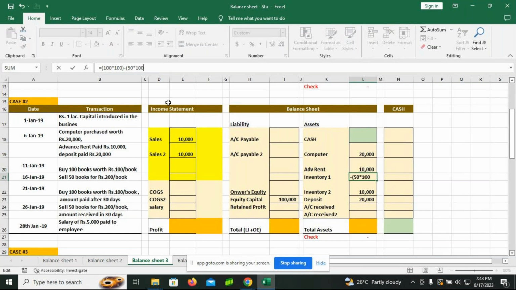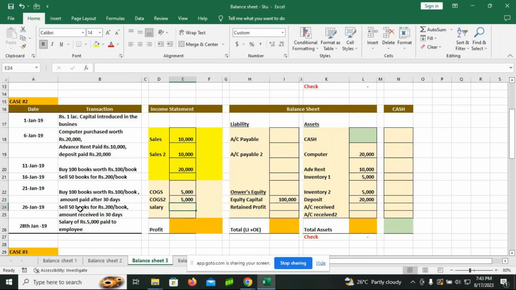That is the amount I have spent to buy the goods which I have sold. So 50 into 100. Okay. Now this is done. Now let's calculate the total sales. Alt equals, and COGS equals 50 into 100.